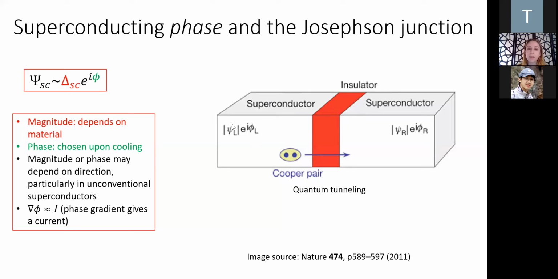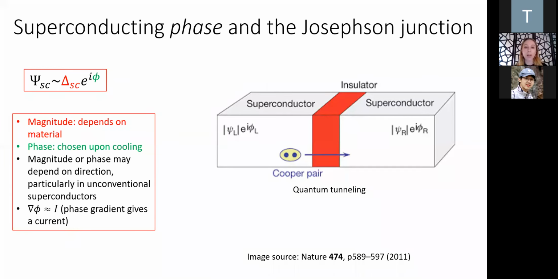In this drawing, you have a superconductor on the left, with the subscript L, and a superconductor on the right, with the subscript R. When this device is cooled down below the superconducting transition temperature, the phase on the left side and the phase on the right side are spontaneously chosen, and it's not going to be the same every time.